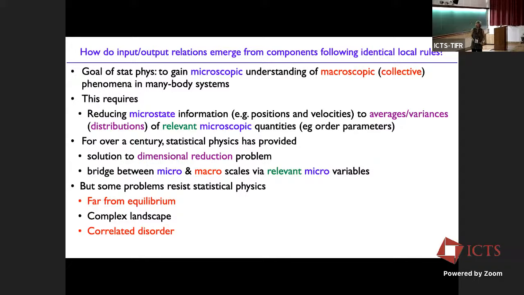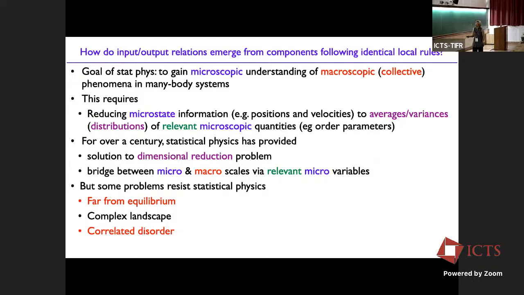Any of these things, what we're after is to understand how the learned function, either allostery or some desired complex outputs, emerge, and to get some microscopic understanding of that.